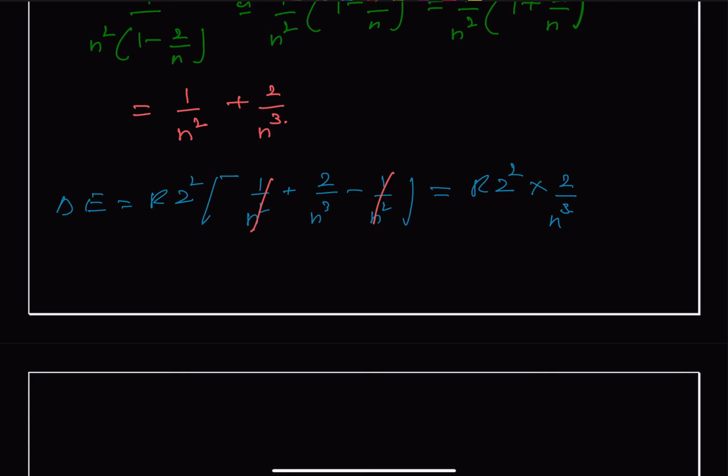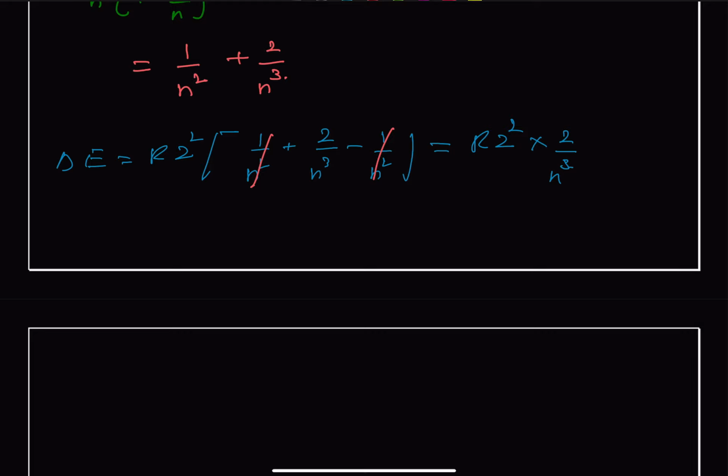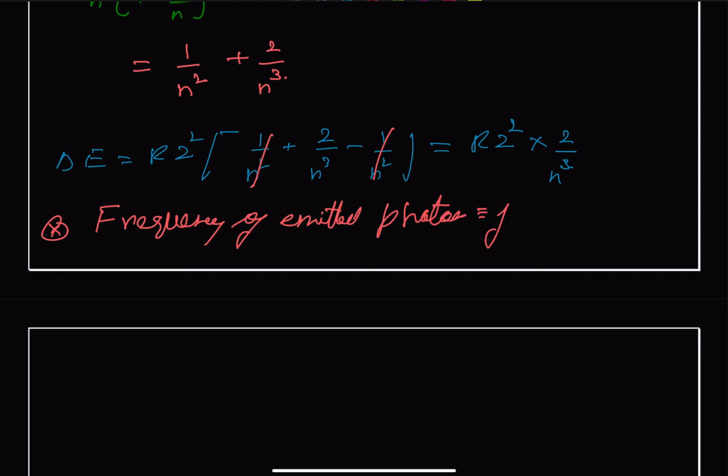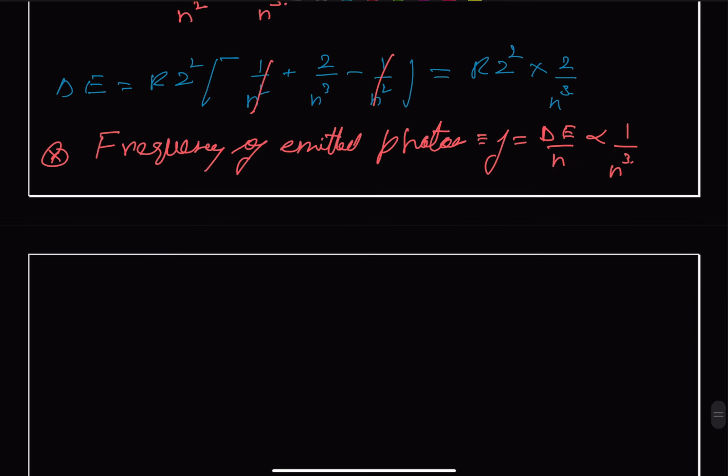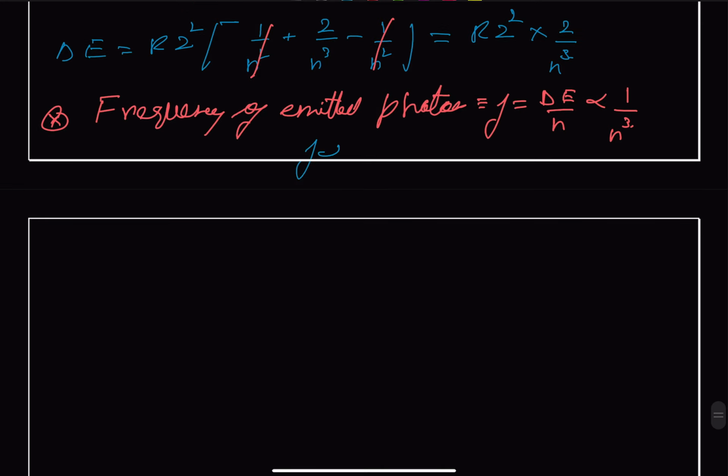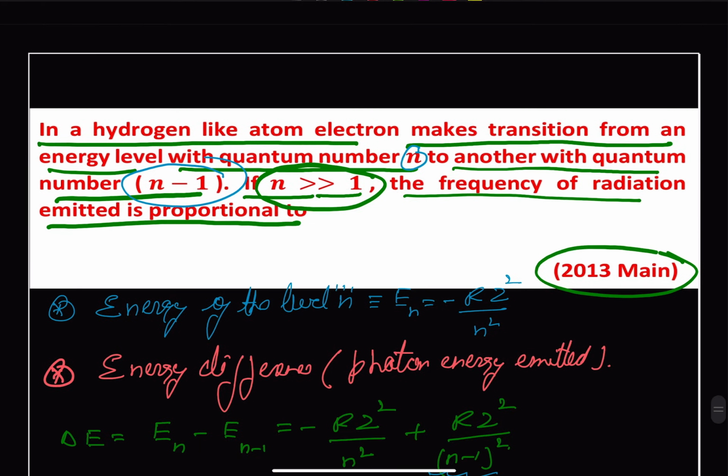So therefore, frequency of emitted photon, if represented as f, then this f will be equal to delta E upon h, and approximately 1 upon n cube, or we can write this as frequency is proportional to n raised to power minus 3.